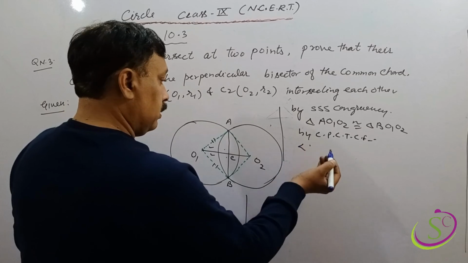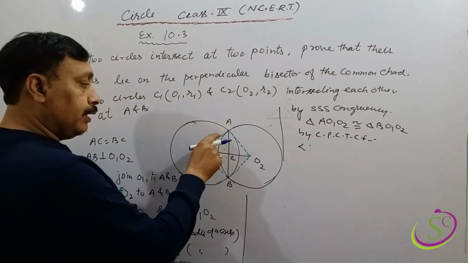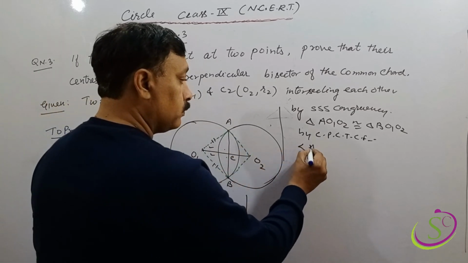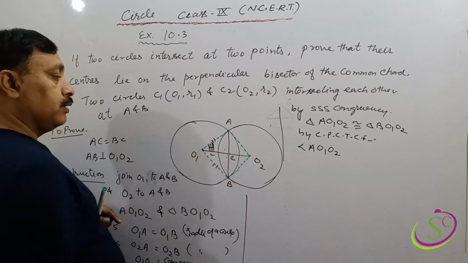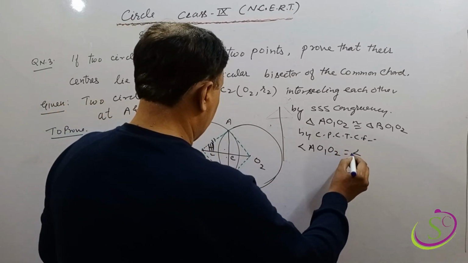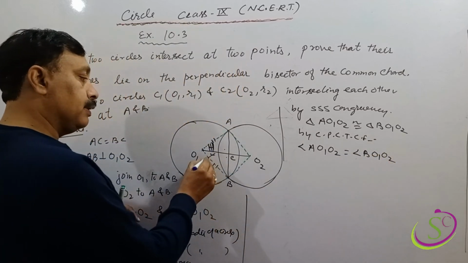in triangles AO1 O2 and BO1 O2, angle AO1 O2 will be equal to angle BO1 O2, means this angle.